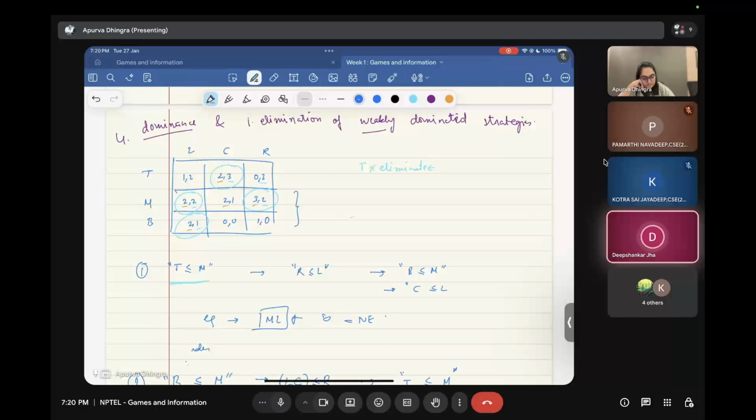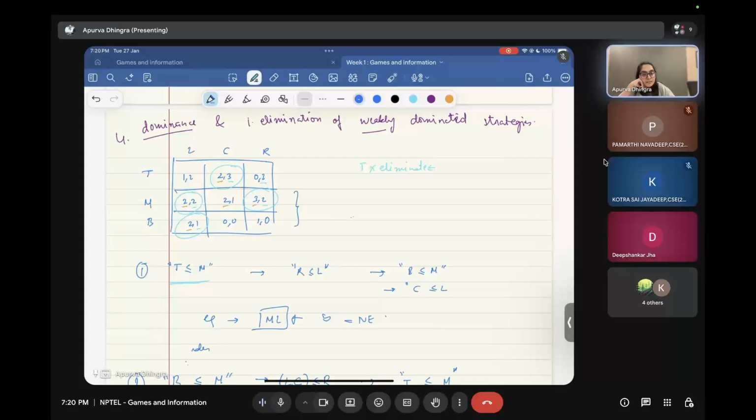Can we start from, let's say, 2, 1 at the center? You want to compare center with? We can compare center with R or L? Let's say we compare it with L.